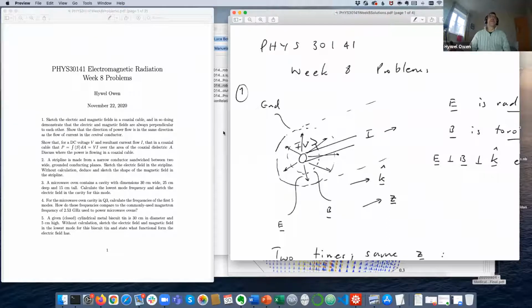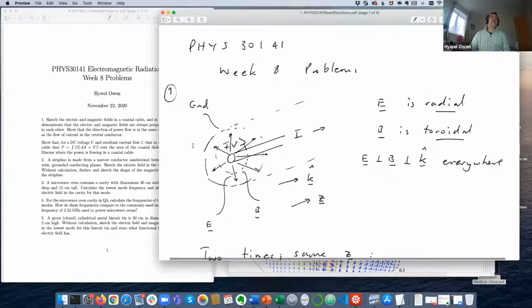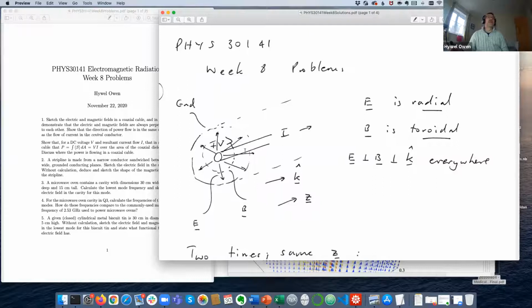The electric field is radially pointing outwards, whereas the magnetic field has this so-called toroidal orientation. If we look close up at these two fields, we can see by inspection that the electric field and the magnetic field are perpendicular to each other everywhere within this dielectric material, which lies between the core and the grounded sheath around the outside.